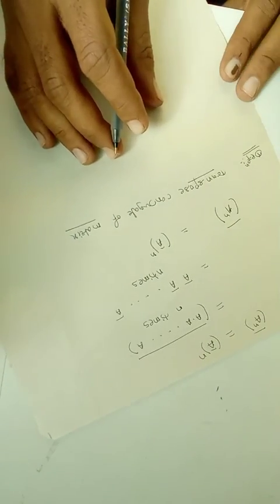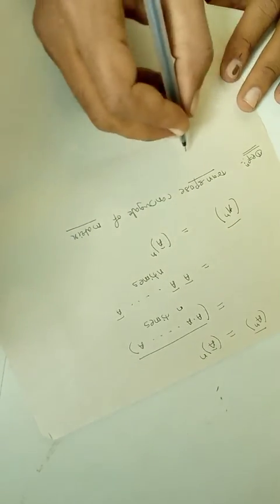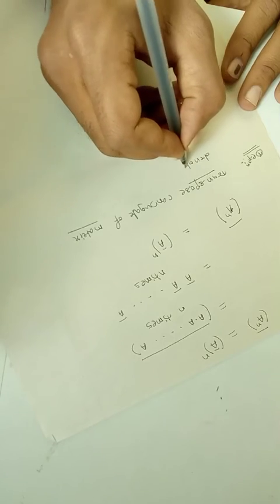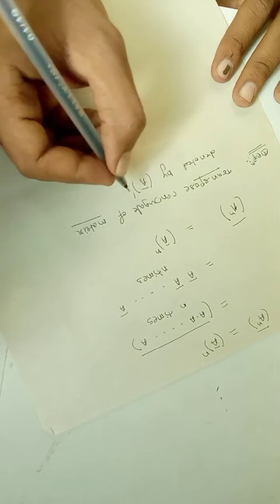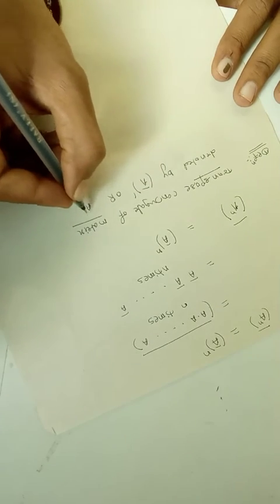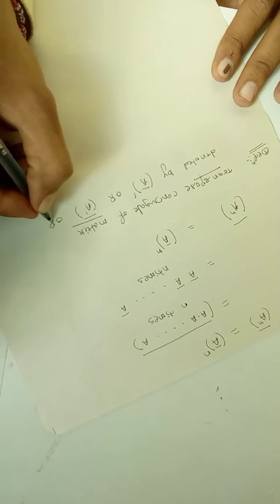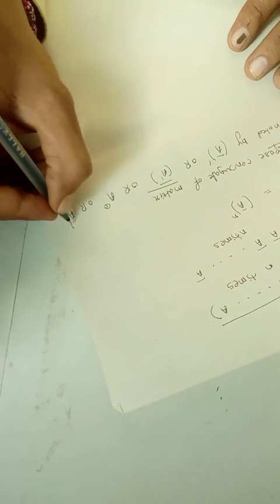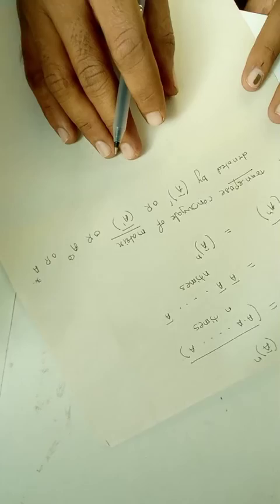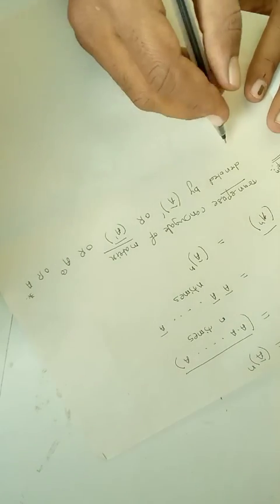So it will be a transpose conjugate. It is denoted by A bar transpose or A transpose bar or A raised to theta or A star. So these are the four ways to denote this.